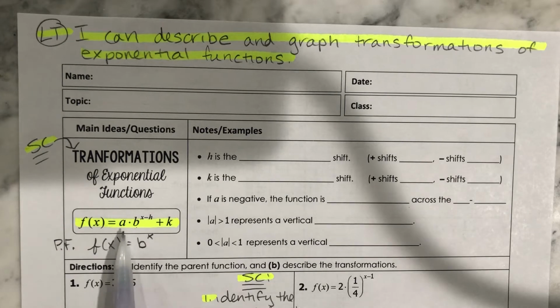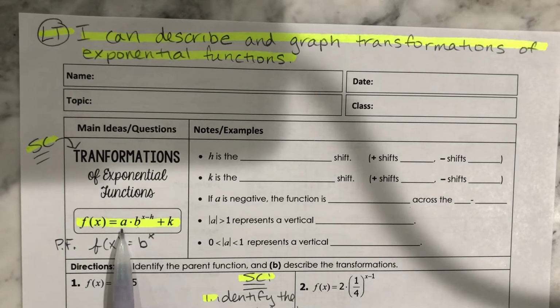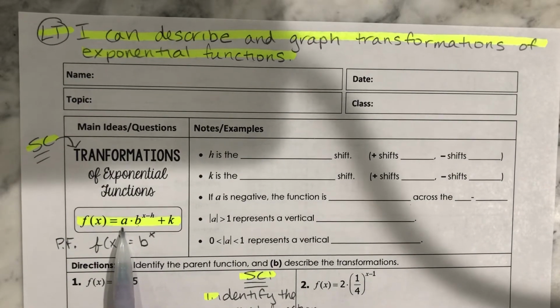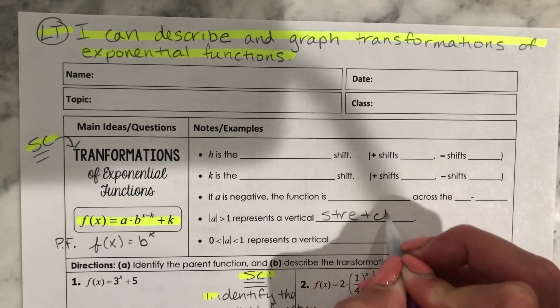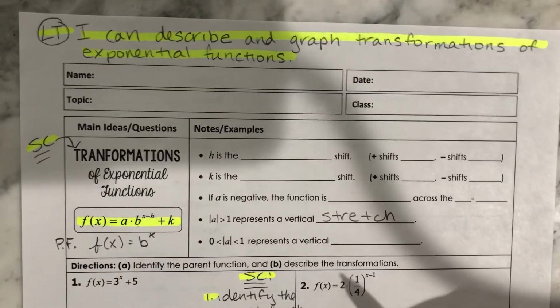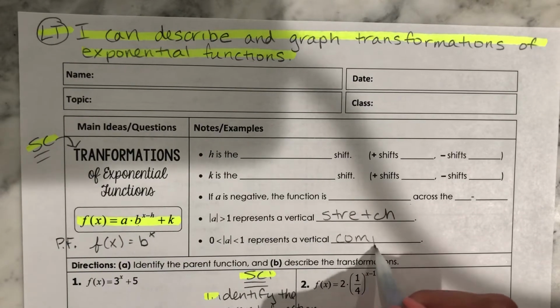So you can multiply by a value in front, and we'll call that a. So if a is greater than 1, that's a vertical stretch, and then less than 1, so a fraction less than 1 would be a compression.